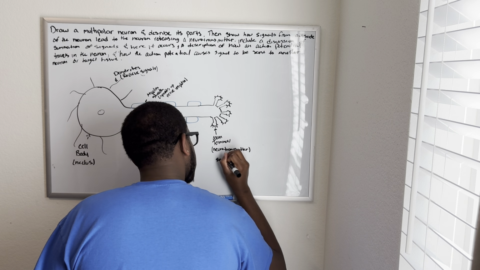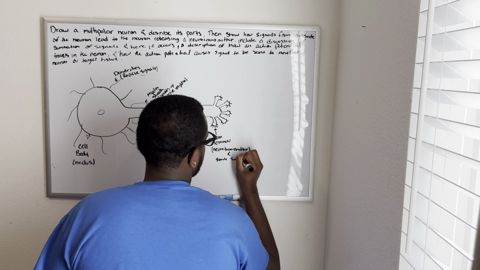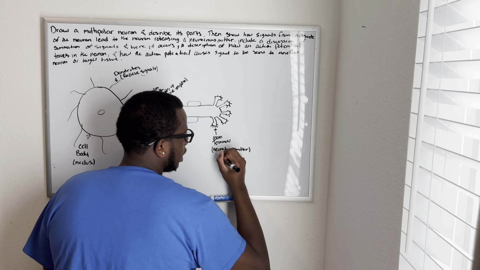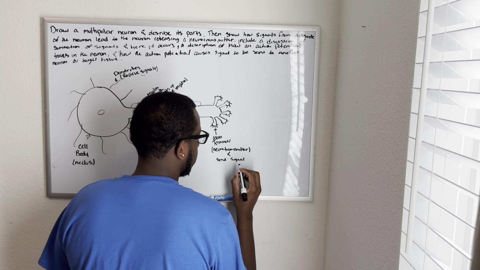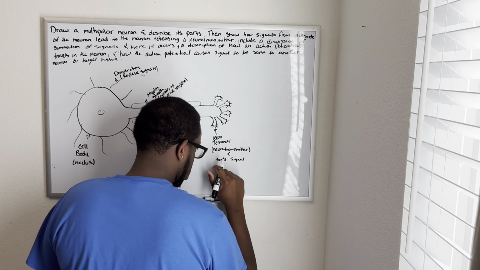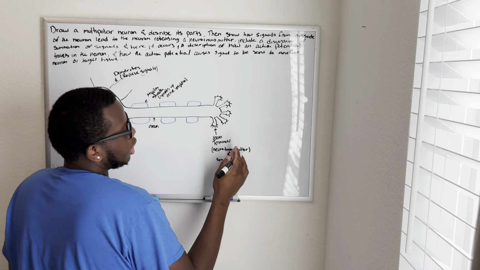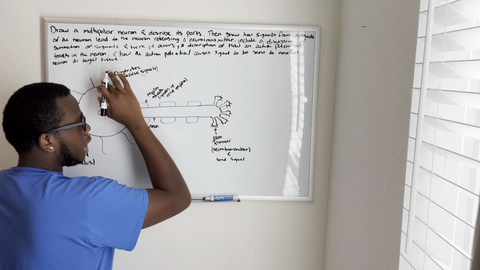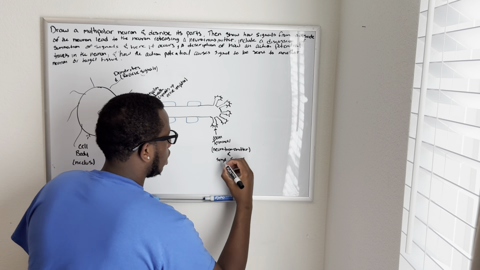They send signals at the axon terminal to other neurons and target tissues through neurotransmitters, by way of using a dendrite, the tentacle things from another neuron.